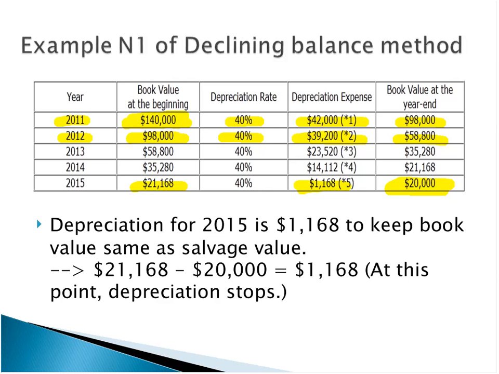You will get 20,000 as the book value or scrap value at the end of the 5th year.